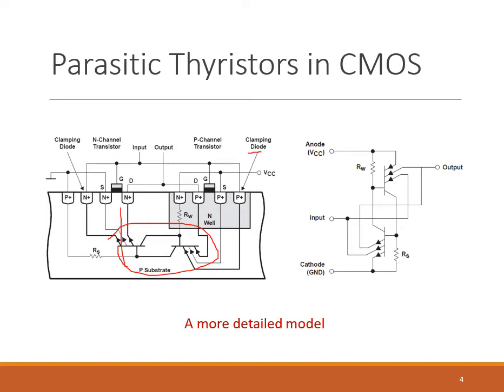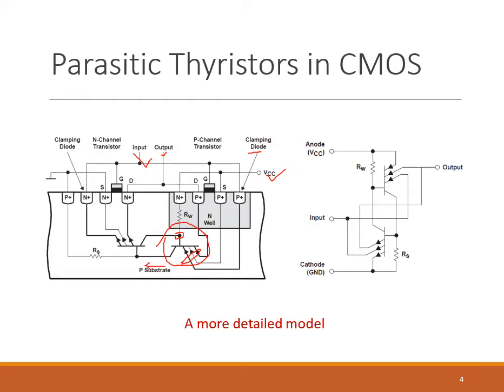When the input or output voltage is greater than VCC, then the emitter region of this transistor will be at higher potential than the base region. So the emitter-base junction of this PNP transistor will get forward biased and this transistor turns on. That will cause a current to flow through this collector terminal.